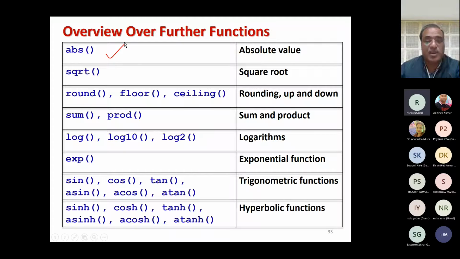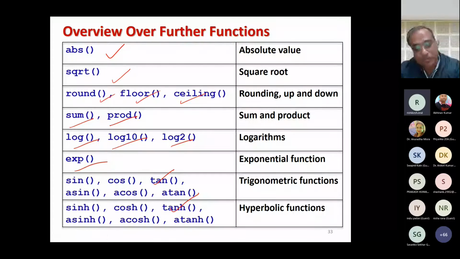This is ABS for absolute values, SQRT for the square root, round, floor, ceiling, which are for rounding in different ways. Similarly, sum, product, log, log base 10, log base 2, exponential function, trigonometric functions, hyperbolic trigonometric functions.